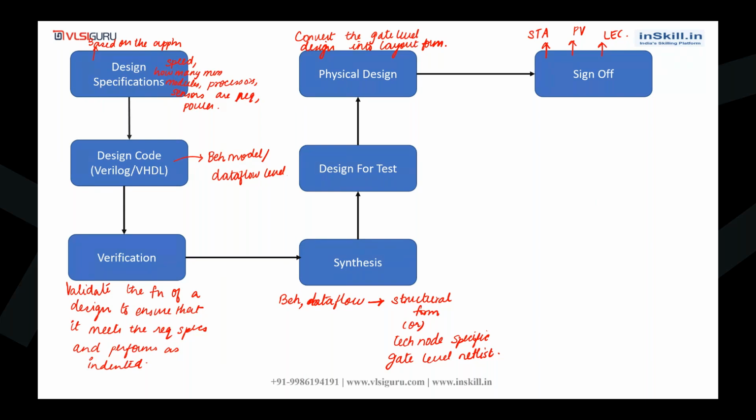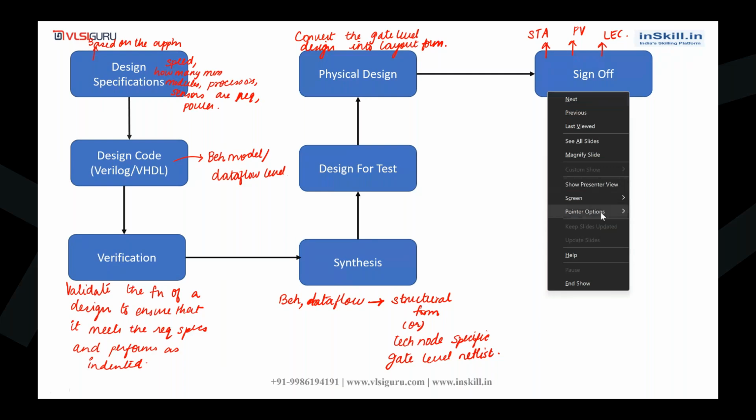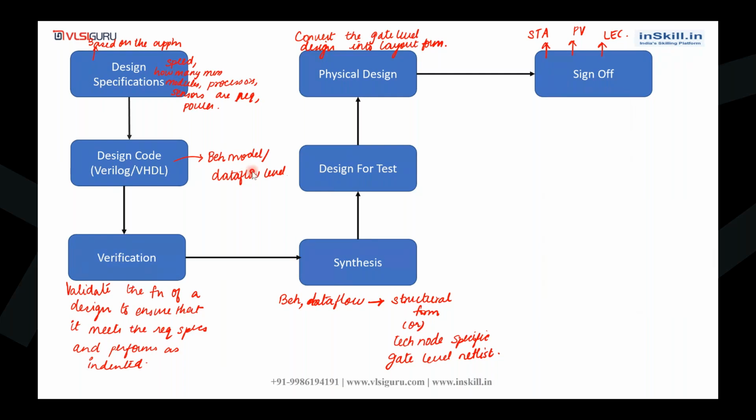So why is LEC performed? If you see in the process of chip design, our design undergoes a lot of changes. First we start with the design code stage, where the behavioral and data flow level model code is written, and then during synthesis it is converted to a structural form, or technology node specific gate level netlist.